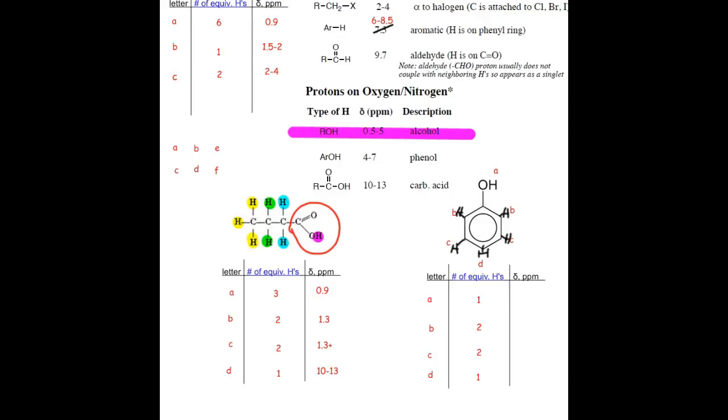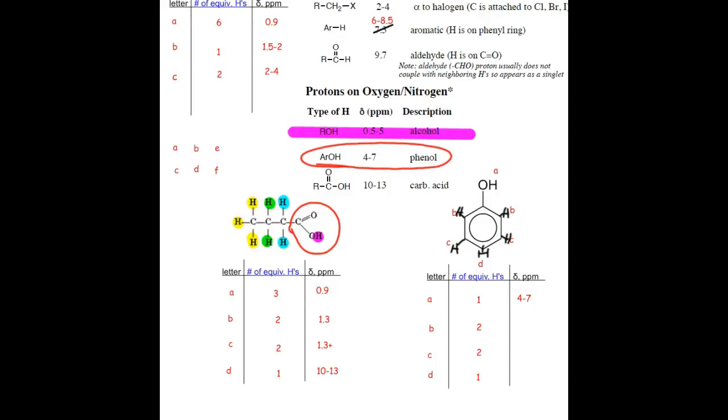And if I find the oxygen on the OH, that's this one. Ar stands for aromatic, so that's between 4 and 7.